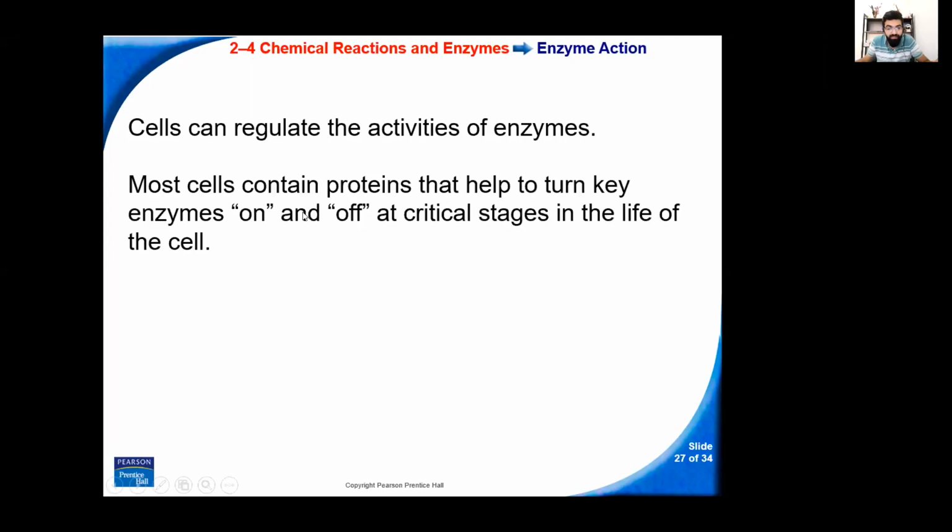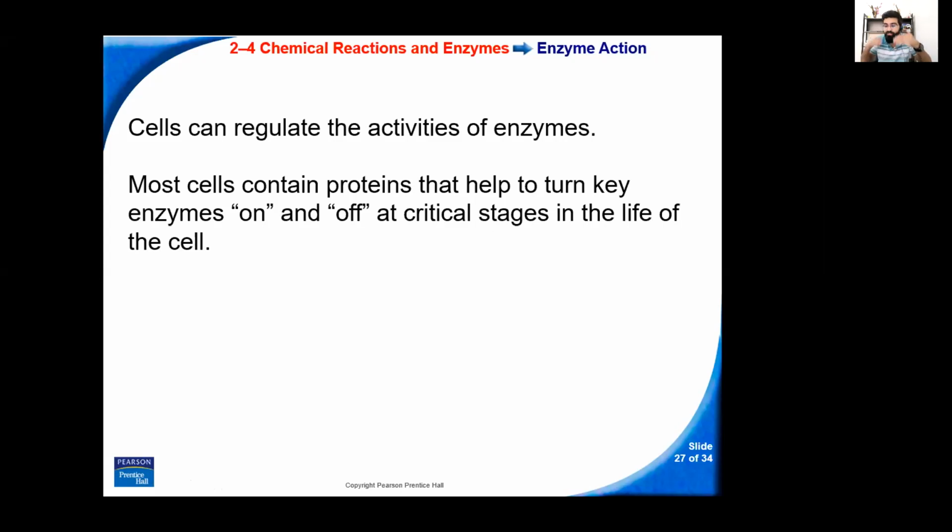Most cells contain proteins that help to turn key enzymes on and off. So the enzyme itself has a key, like lock and key, to switch off and switch on. We can switch the enzyme itself on and off. So the enzyme has two forms: active enzyme and inactive enzyme.